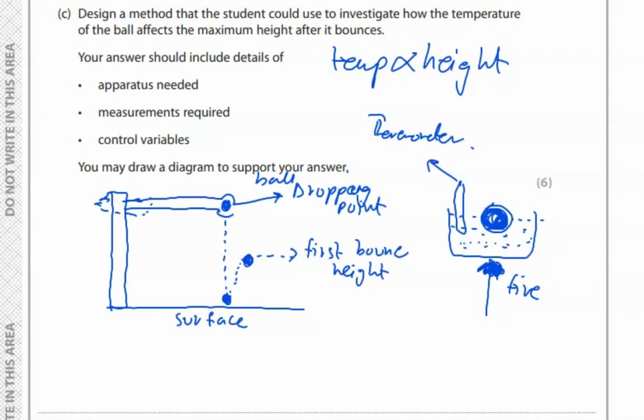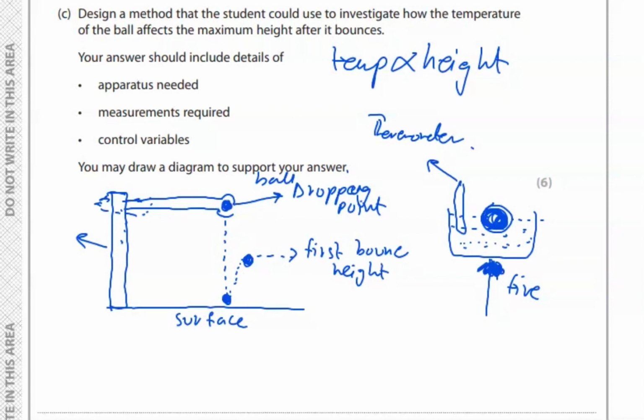Okay, so this is my whole setup. This is all the things which I need here. You can easily see what apparatus I need. I need a tape ruler where I can measure the height.